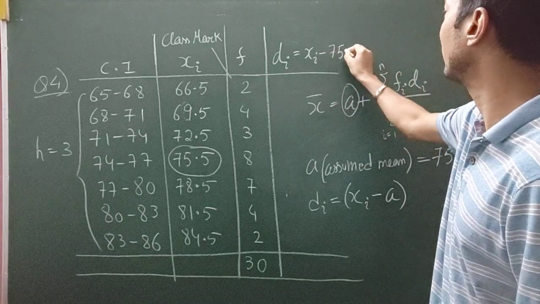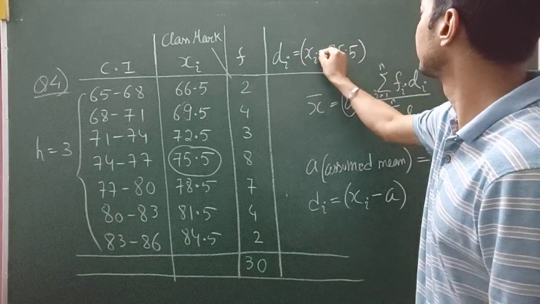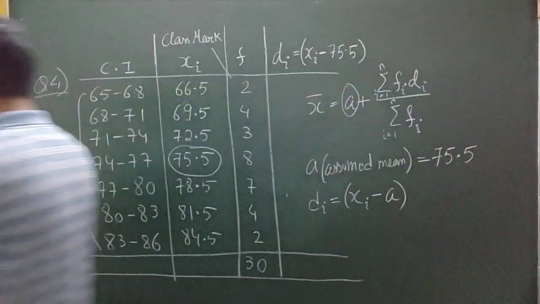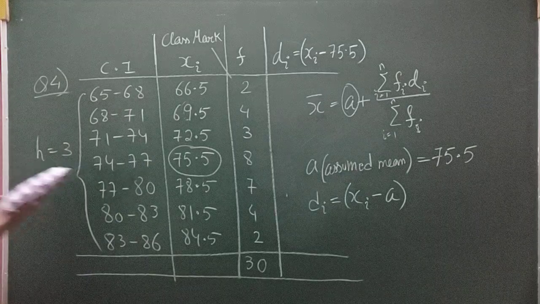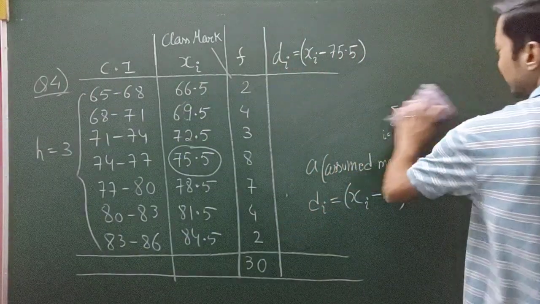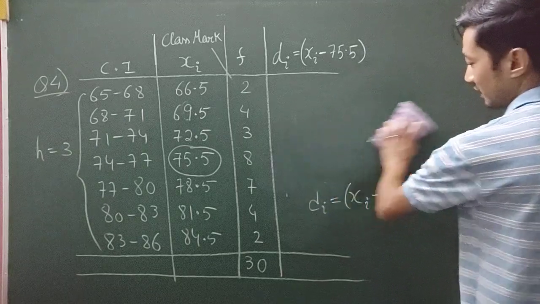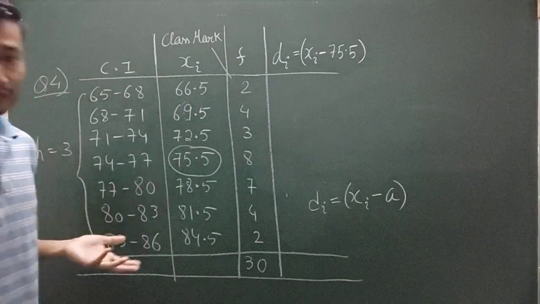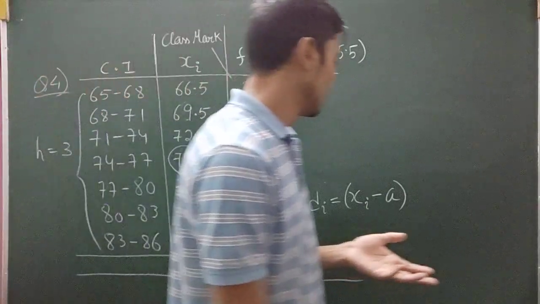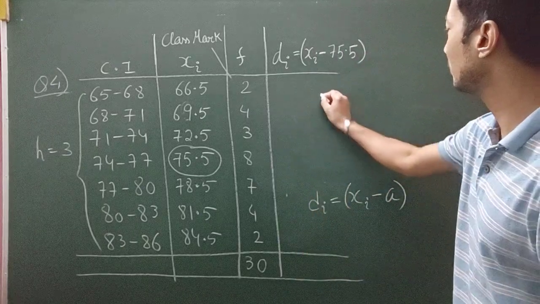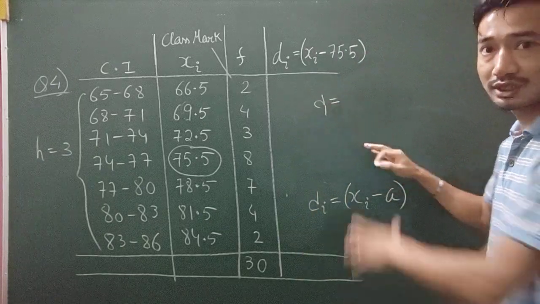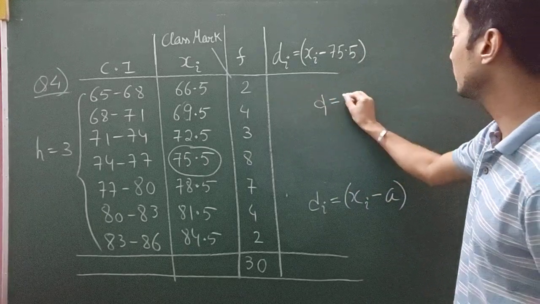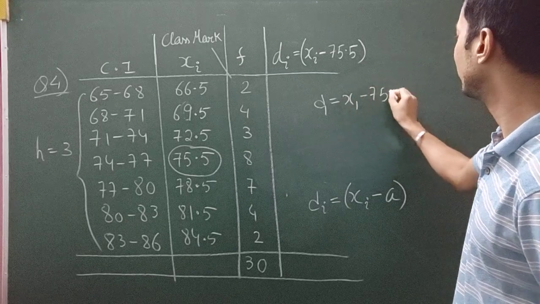I'll also give you a trick to do it without much calculation, but for formality, let us see how we actually calculate the deviation. For the first one at least I'll show you. The first one will be D1, and you can do all this in your rough column. D1 will be x1 minus 75.5.